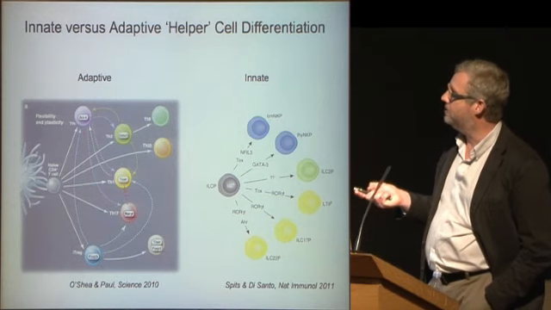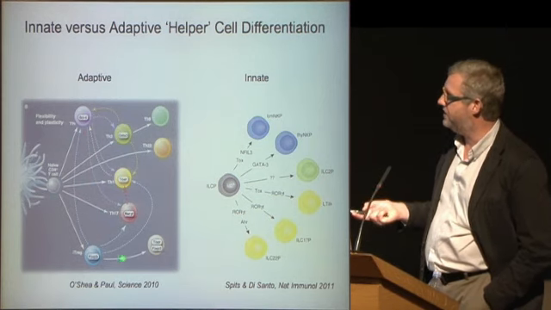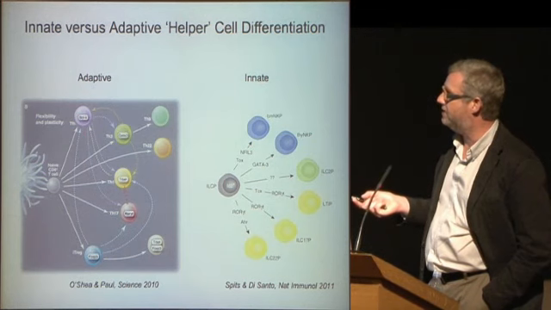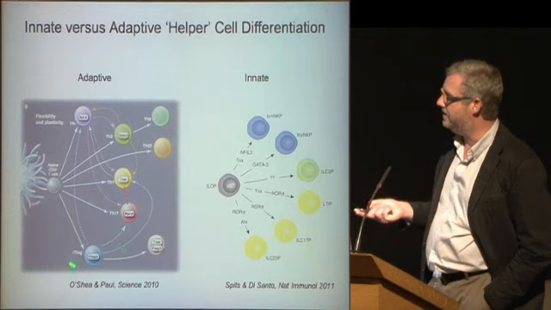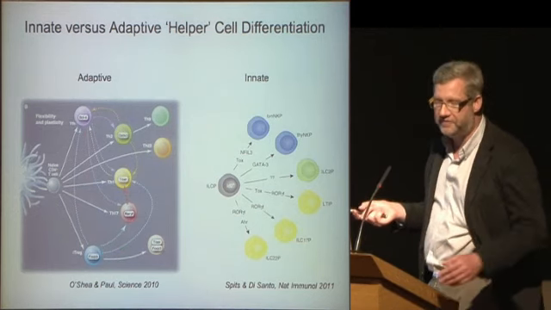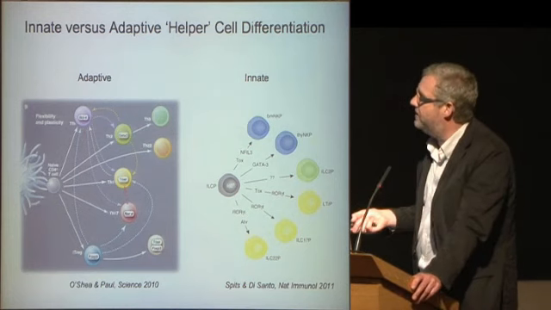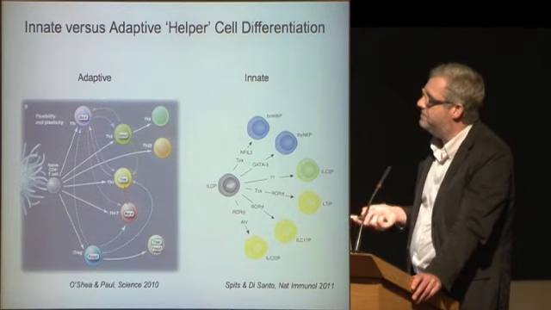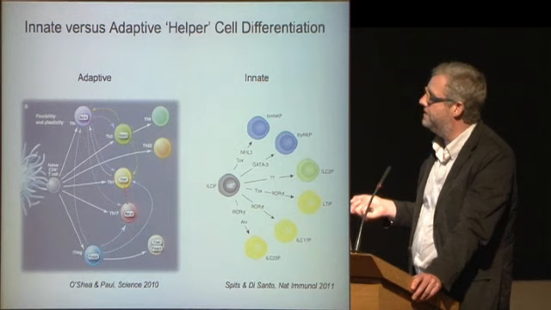And finally, of course, there are a few T helper subsets here for which we don't find parallels yet in the innate system, notably the Treg cells expressing FOXP3. So far, no one has identified an innate cell that expresses FOXP3. It may be out there, it may be induced under some particular conditions, but so far it hasn't been found.